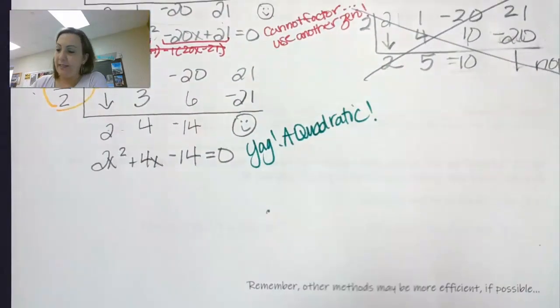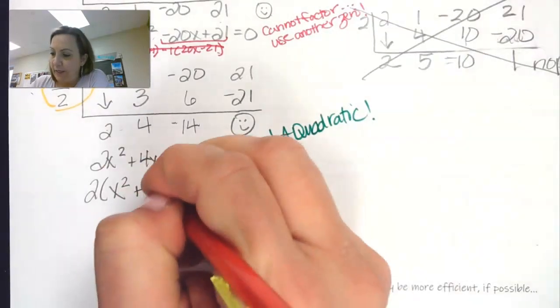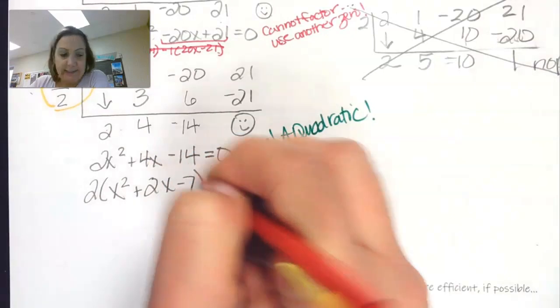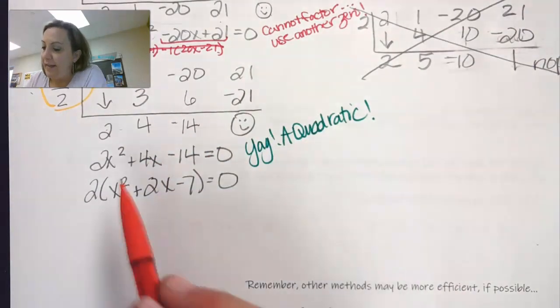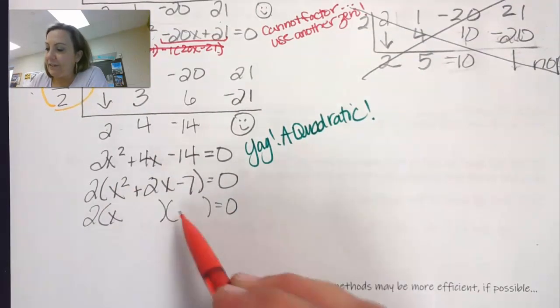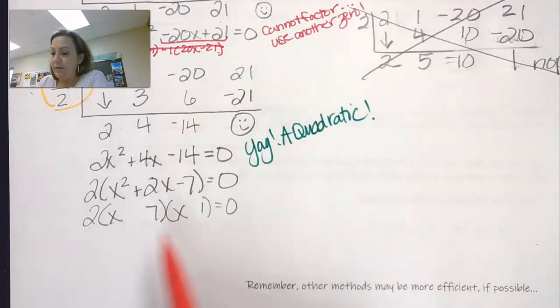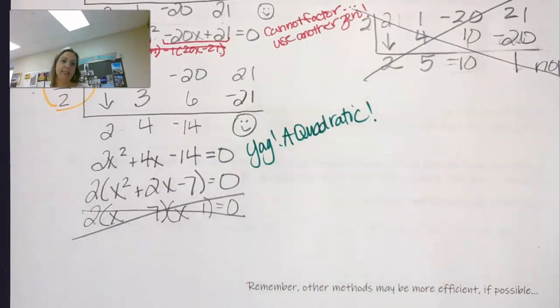The first thing I would do is take out a GCF. So I have x squared plus 2x minus 7 equals 0. Okay, and if I try a double bubble, my only factors of 7 are 7 and 1. So there's no way that we're going to be able to get an outer inner that gives us 2.